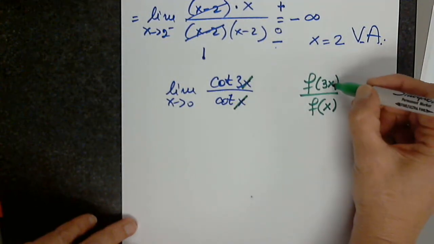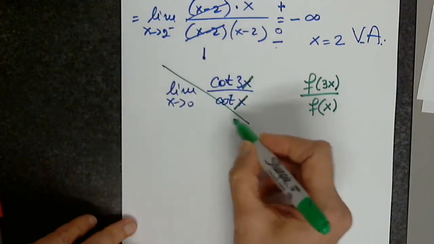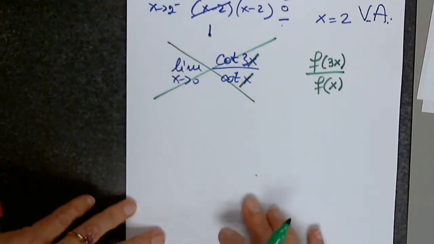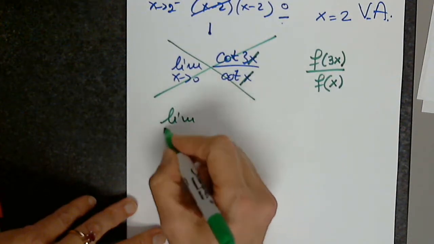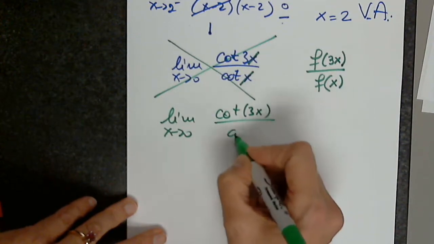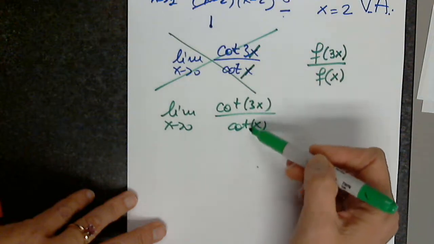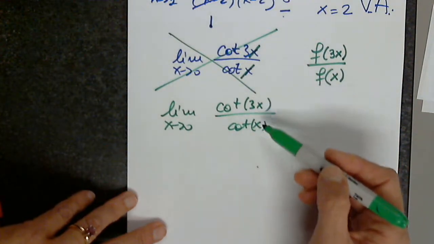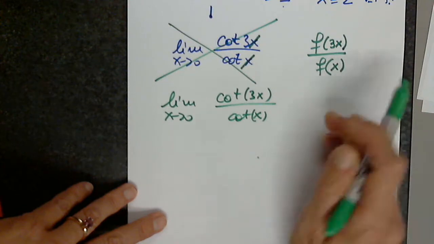So you cannot simplify this with this. What I just did, as I said, I'm just making a point. Do not ever try to do something like that. Okay, so then limit as x approaches 0, cotangent 3x over cotangent x. With parentheses or without parentheses, they are the same. I just don't want you to be tempted to try to simplify this with this.